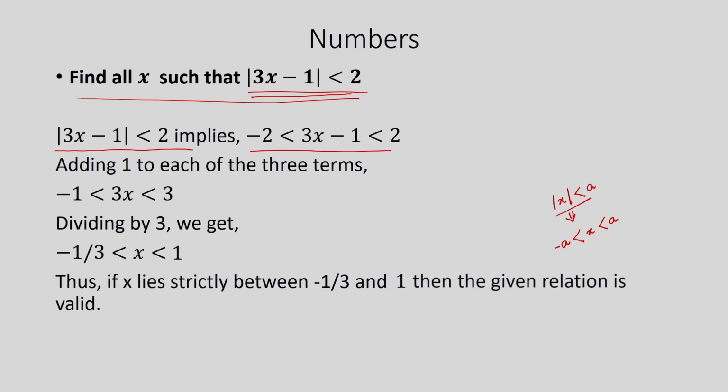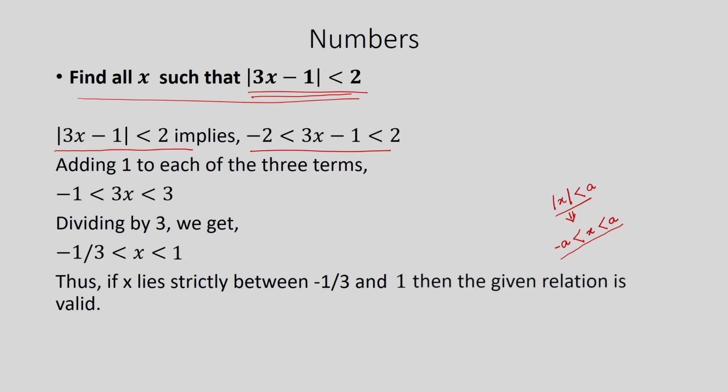Here a is any positive constant. So, if modulus of x is strictly less than a, then whatever the value of x, it lies in this range, minus a to plus a.